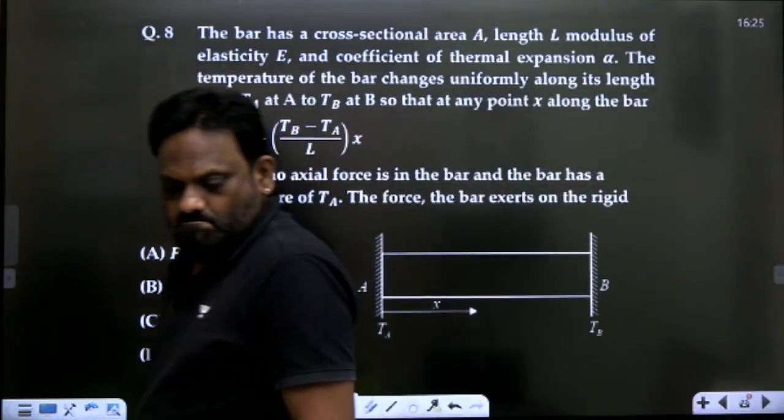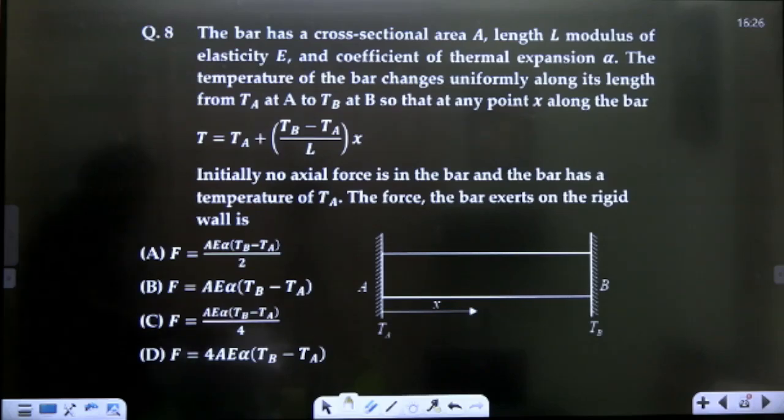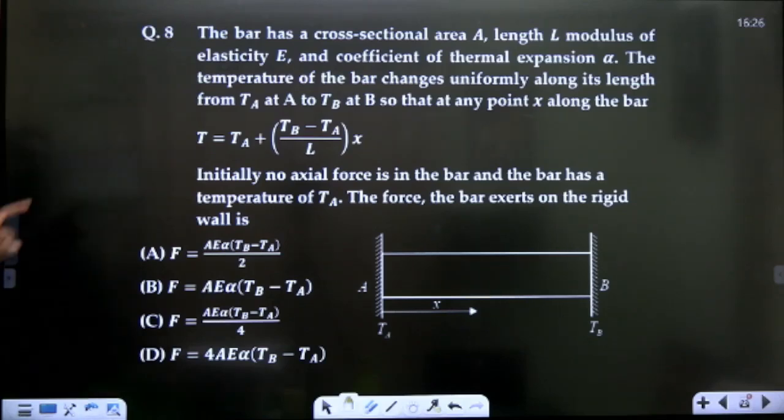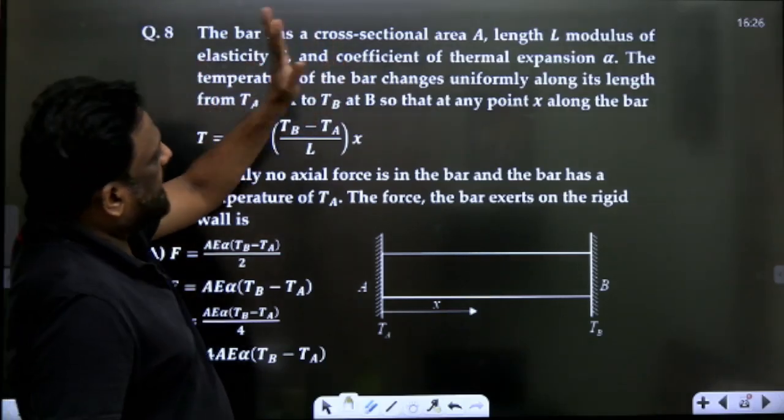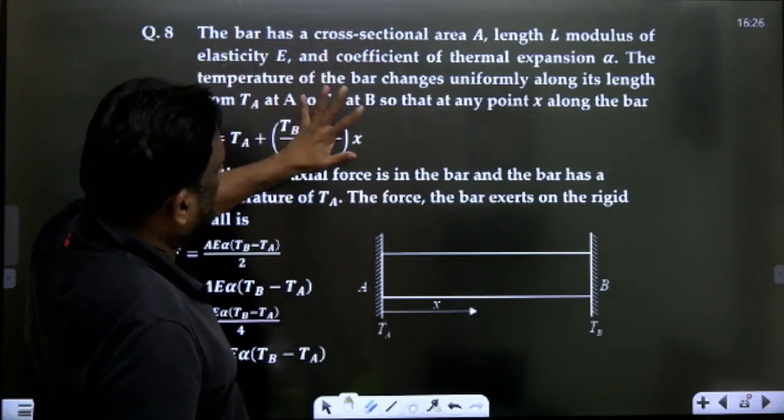Read the question. The bar has a cross-sectional area A, length L, modulus of elasticity E, and the coefficient of thermal expansion alpha.